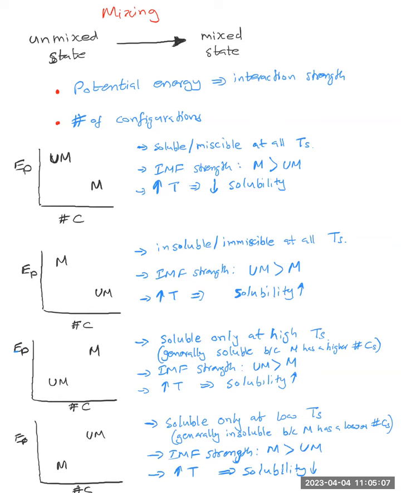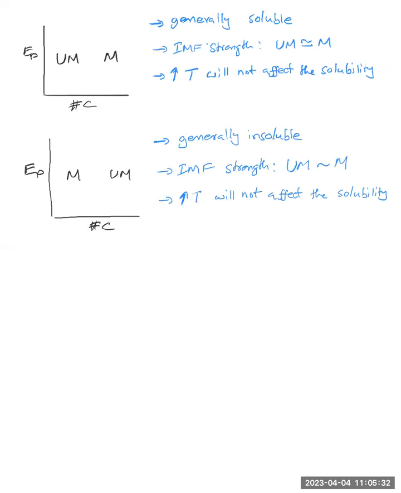And then if the mixed state has a lower potential energy but lower number of configurations, it's going to be soluble only at lower temperatures, and it is considered as generally insoluble because the mixed state has a lower number of configurations. And lastly, we talked about what happens if they both are at the same level like this.